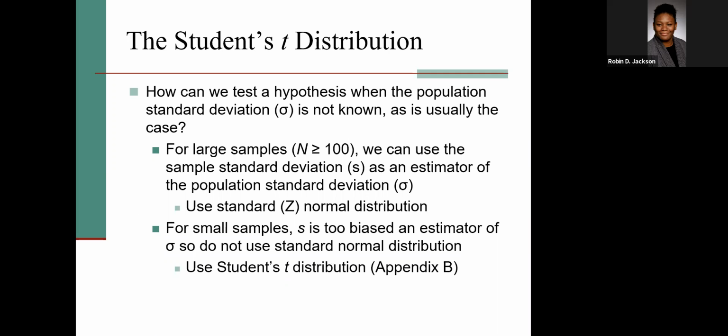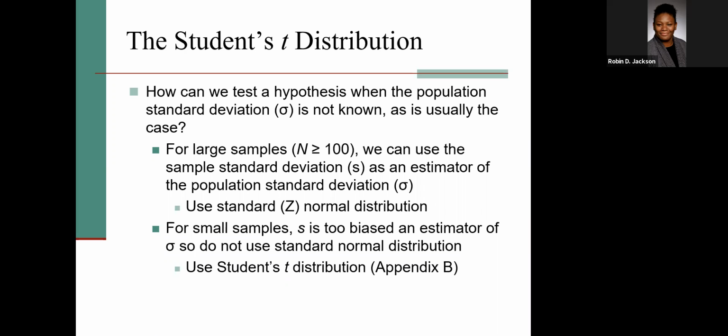So basically, if you have a situation where the sample is small, the N is less than 100, you don't know the population standard deviation, and you only have the sample standard deviation as an estimator of the population standard deviation, you can't use the standard normal distribution. It doesn't work that way. The whole point of the standard normal distribution curve, the Z table, the Z distribution, is that we're dealing with sampling distributions.